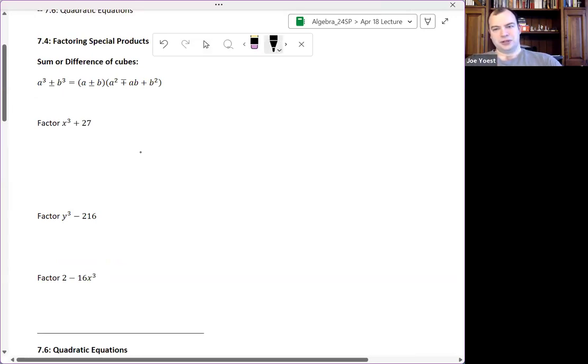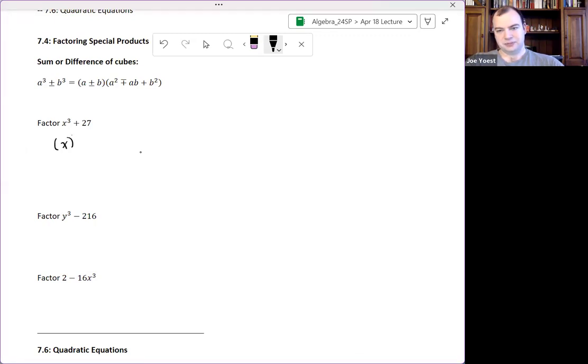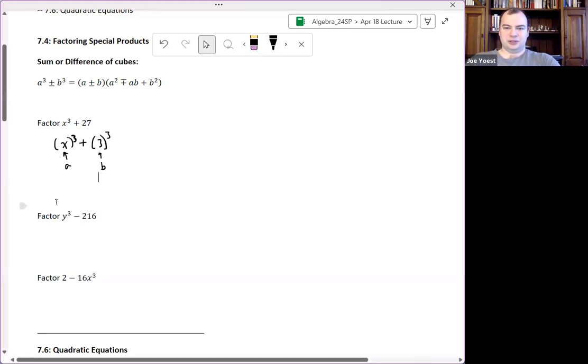Okay, so x cubed plus 27. I note that, well, obviously x cubed is a perfect cube, but I also noticed the 27 is a perfect cube as well. So I have a cubed plus b cubed, where a is x and b is 3.